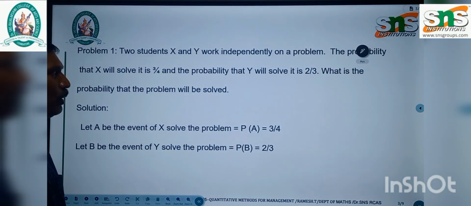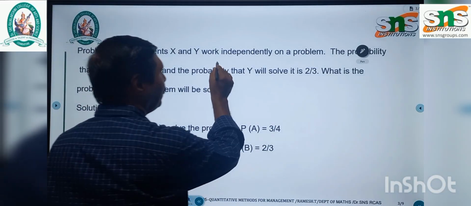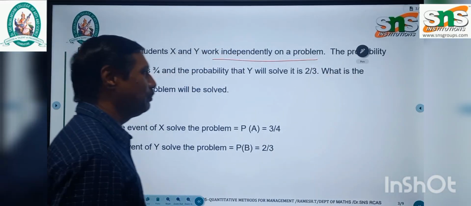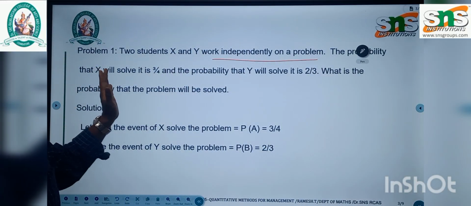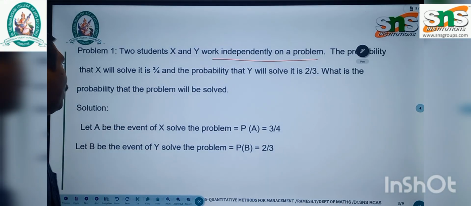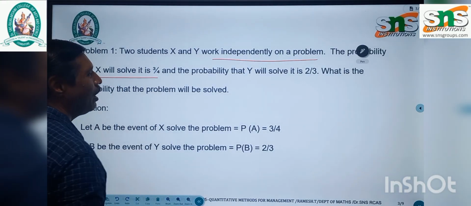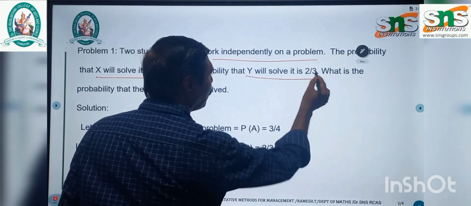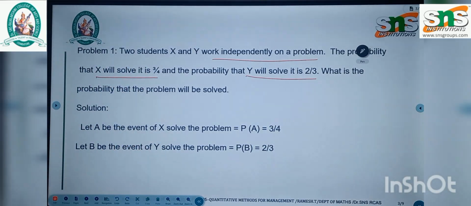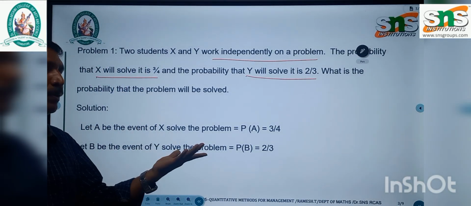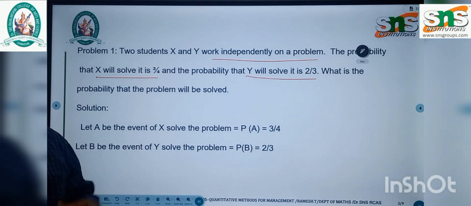Now let's discuss a problem. Two students X and Y work independently on a problem. The probability that X solves the problem is 3 by 4, and the probability that Y will solve the problem is 2 by 3. What is the probability that the problem will be solved by the students?